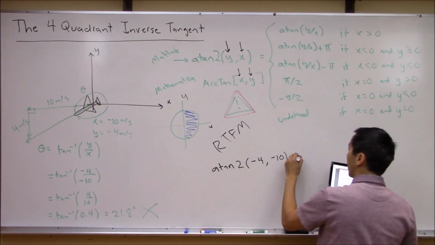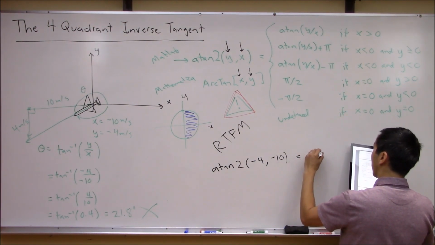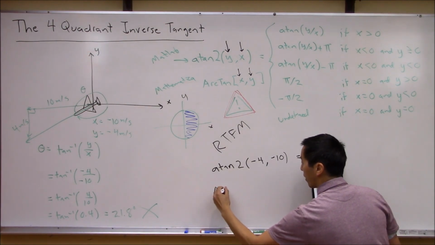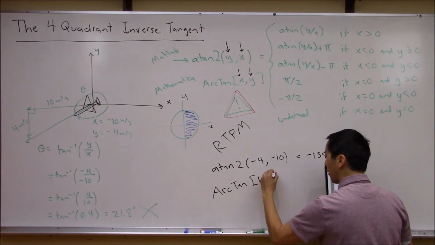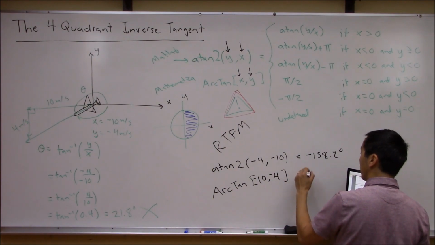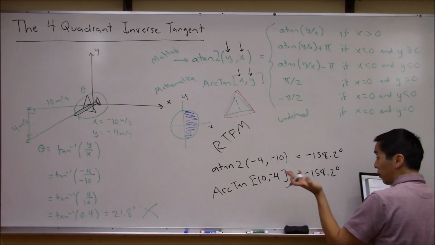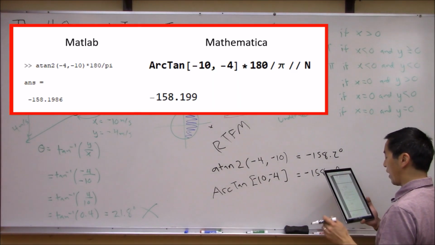This will now spit out -158.2 degrees. And if you do this in Mathematica and you go arctan of -10 and -4, you get the exact same answer, -158.2 degrees. So here's a screenshot of that. Dealing with degrees versus radians, I'll let you figure that out.